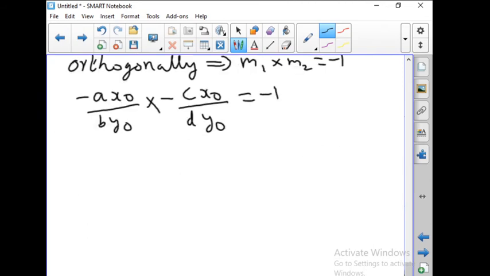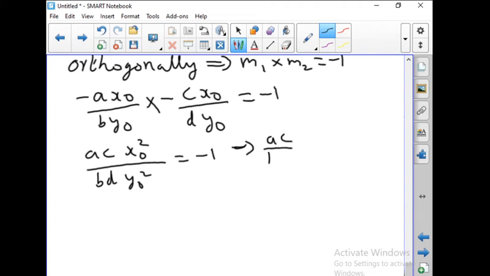Now minus into minus will become plus. So you have a c x naught square by b d y naught square is equal to minus 1. So this is nothing but ac by bd into x naught by y naught, the whole square, is equal to minus 1. Now we have found x naught square by y naught square already. Therefore we can substitute this.